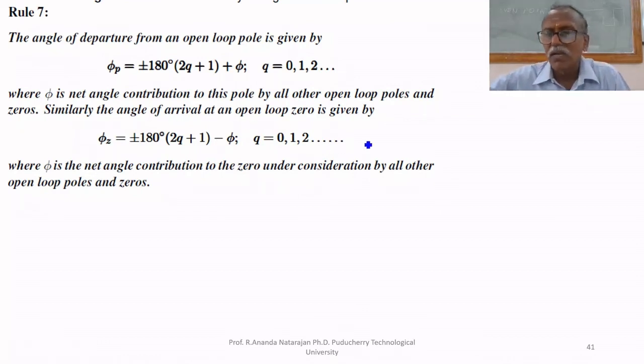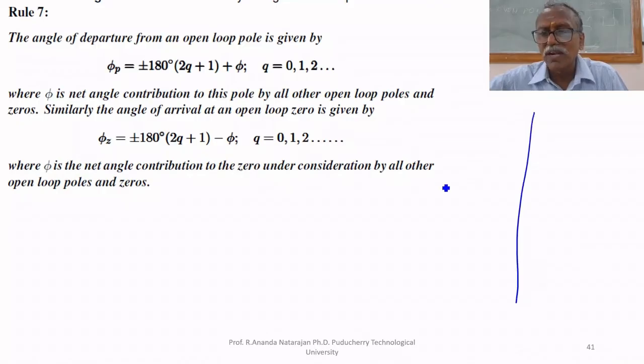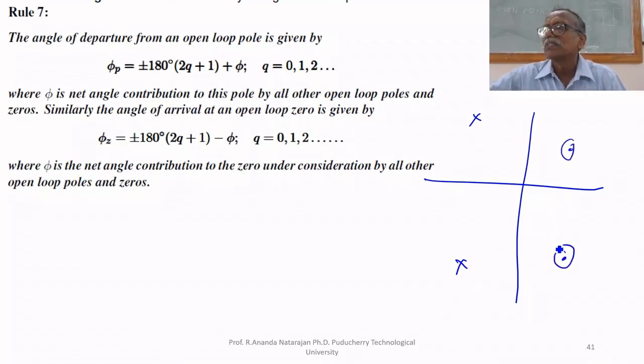For example, I have two complex poles and two complex zeros. What will happen? This will come out and join here. At what angle does it come out, we have to find.